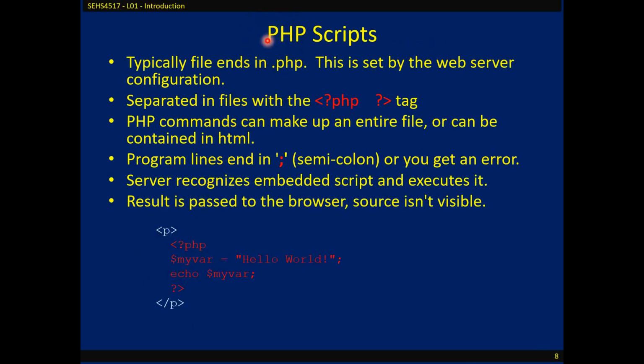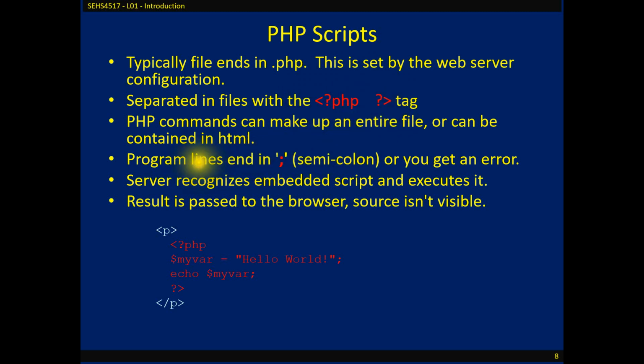So the PHP programs you are going to write are called PHP scripts. The PHP scripts are enclosed by PHP tags. The starting tag is an angle bracket, a question mark, PHP, and then some script in between. To end the script, you add a question mark and then another angle bracket.